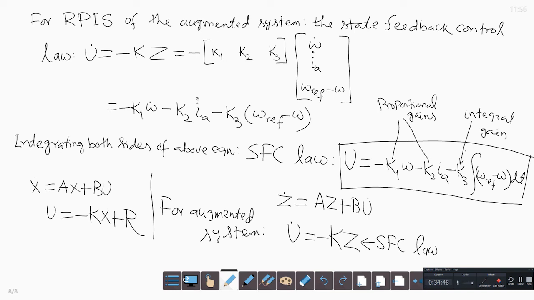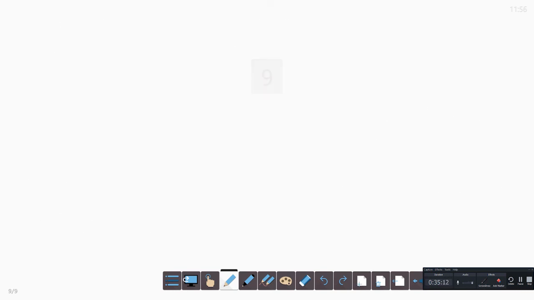That means the pair AB is controllable, A has full rank n, and the matrix [A B; C 0] has rank n plus p. The uncontrollable modes are stable, if any. So, with the SFC law as we have derived, u equals minus Kp1 omega minus Kp2 Ia minus Ki times the integral of omega reference minus omega dt.